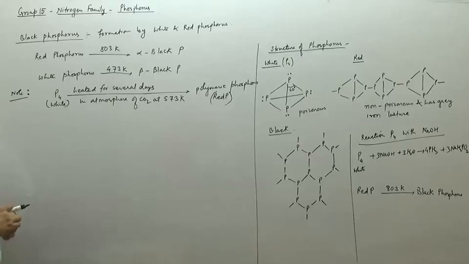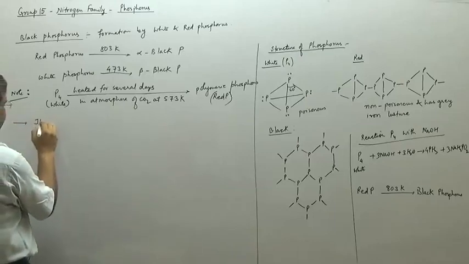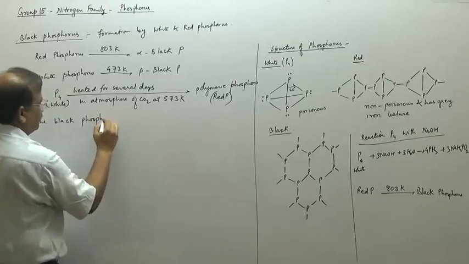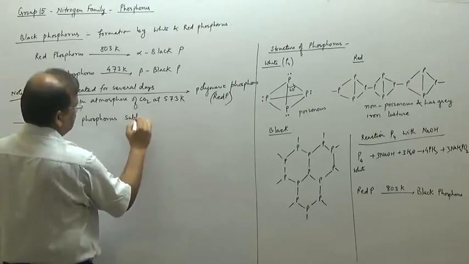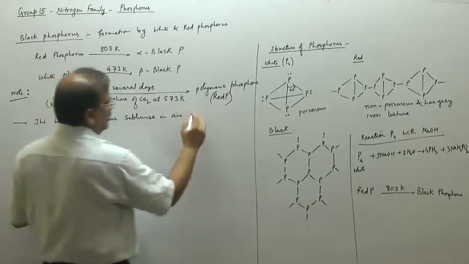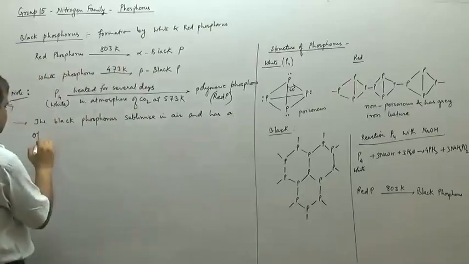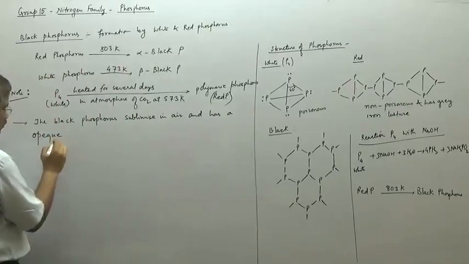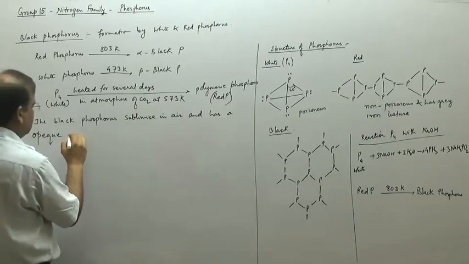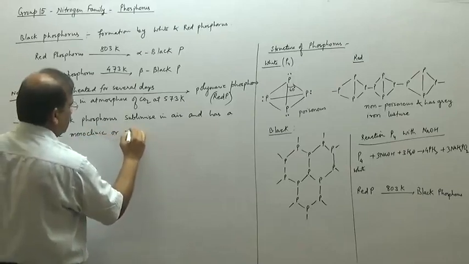The black phosphorus sublimes in air and has a monoclinic or rhombohedral structure.